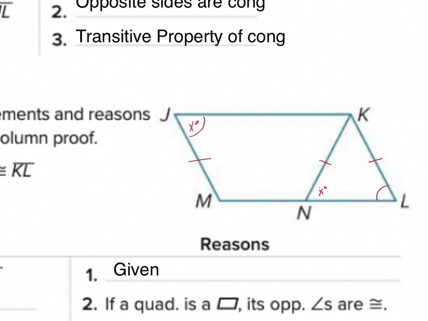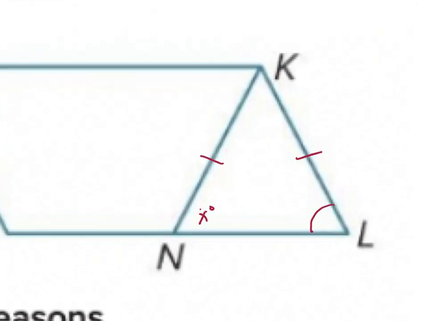What else do I know? I don't even need to know that. That wasn't necessary. Let's just look at this from an isosceles triangle perspective. If both legs are congruent, then both base angles are congruent. So the two base angles are congruent. So there you go.